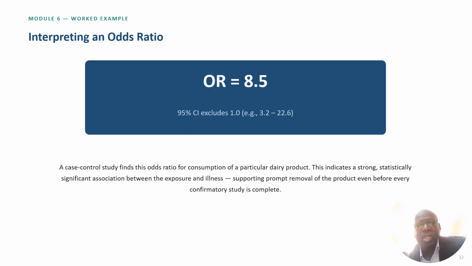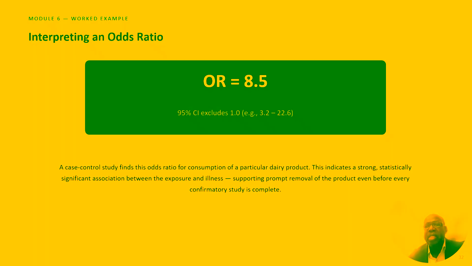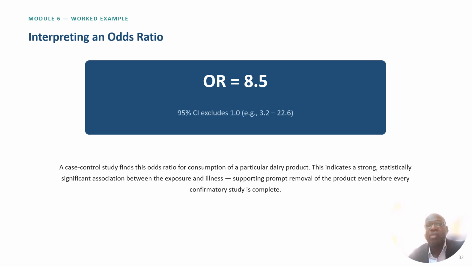A case control study finds this odds ratio for consumption of a particular dairy product. We can say this about whatever type of food item was distributed or existed in the investigation, and this indicates a strong statistically significant association between the exposure and the illness.